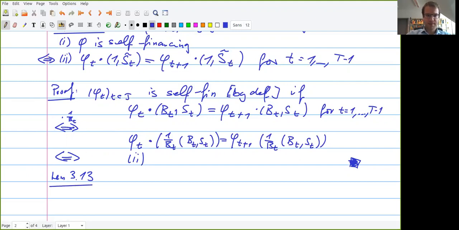So again, let us consider a trading strategy which is supposed to be self-financing.